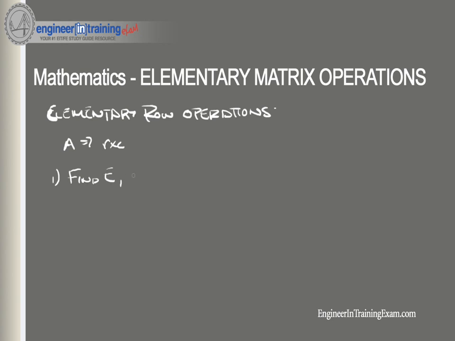So however many rows are in the matrix A, we want to apply the desired operation to an R by R identity matrix.